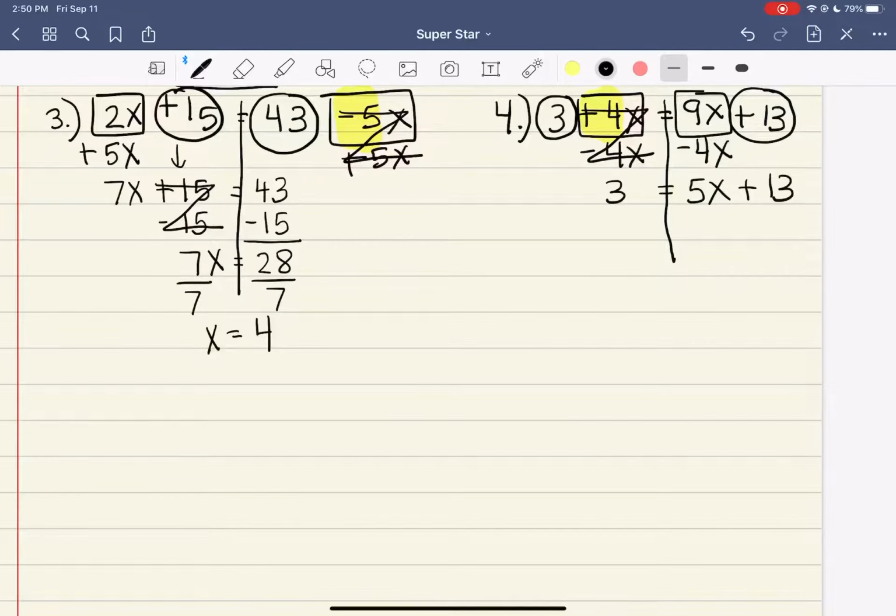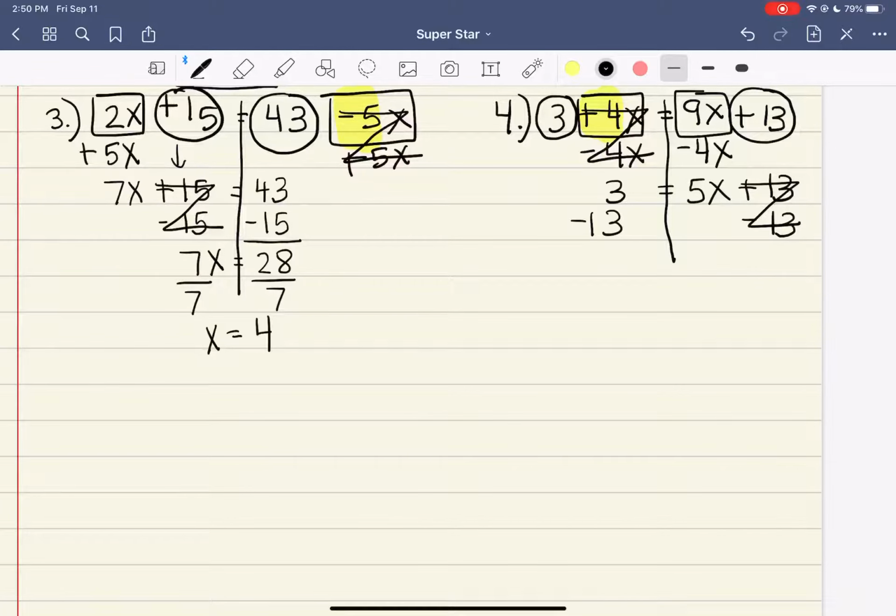So now we are dealing with our third question about constants on both sides. So if we have a constant number, we have a 3 and we have a 13, we're supposed to find the constant that's on the same side as the variable and move it by changing its sign. So 13 minus 13 is 0, and to keep my equation balanced, I have to subtract 13 from both sides.